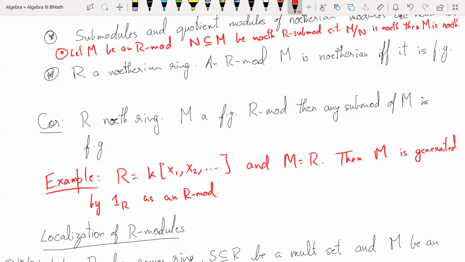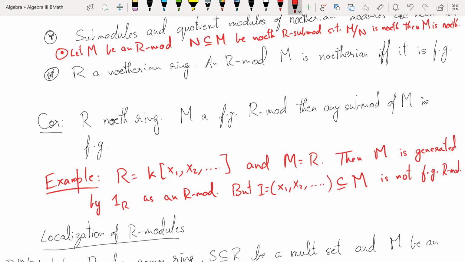So it is finitely generated, but if you look at the submodule, here the ideal I generated by x1, x2, and so on, this ideal I contained in M is not a finitely generated R module.